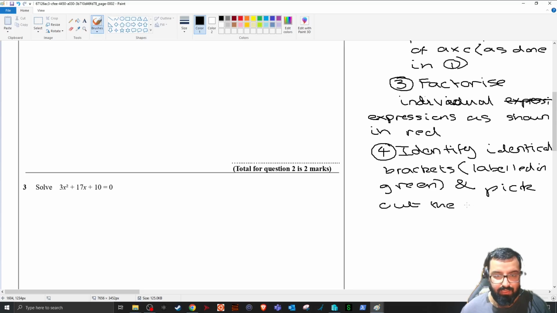And pick out the outer factors into its own brackets.